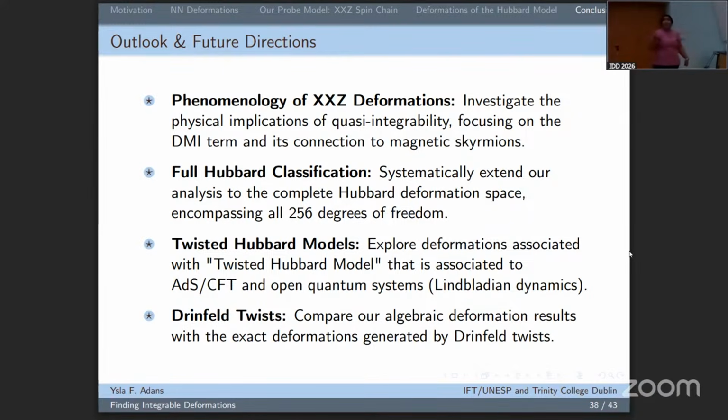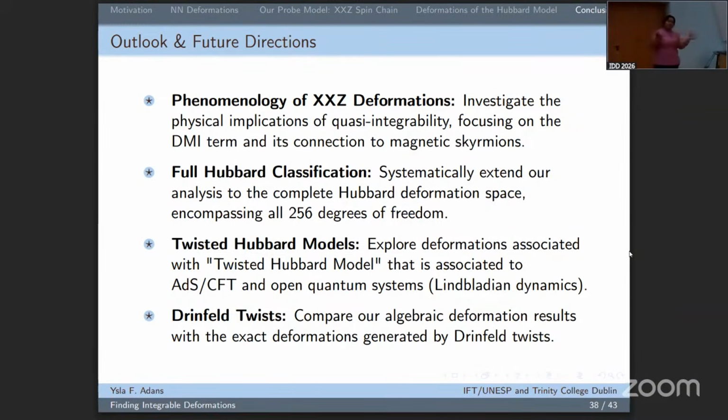For higher orders, it gets a little more tricky, but I think it's doable. And this other part is because Hubbard is connected to AdS/CFT, for example, but it's not this Hubbard, it's a Hubbard with a twist. And it turns out that the twist spoils the deformations. So you have to be very careful while you're studying this. So it will be nice to see this other side of the Hubbard.